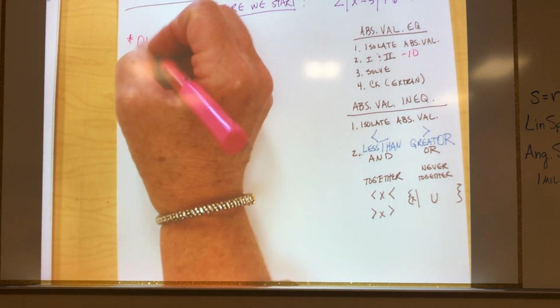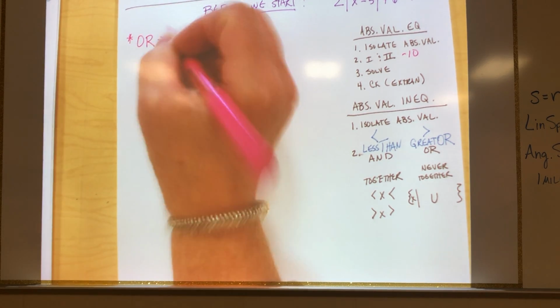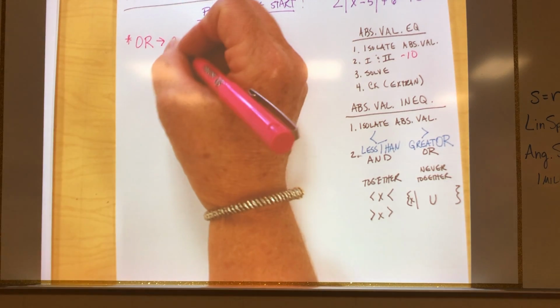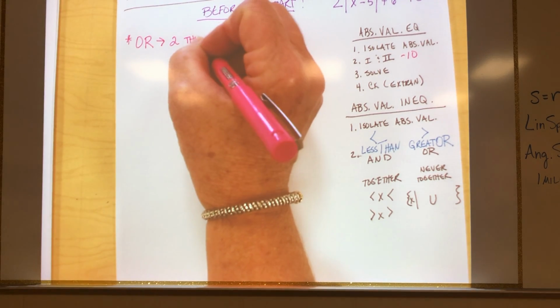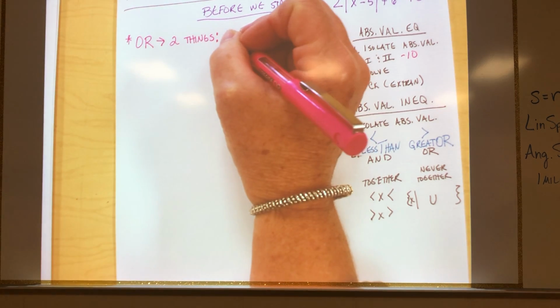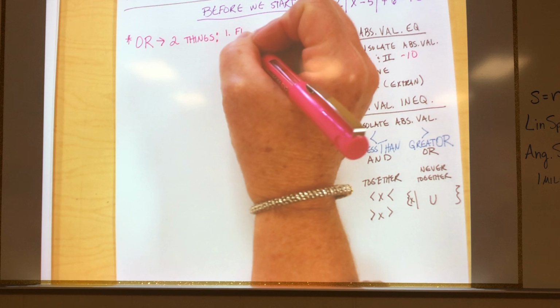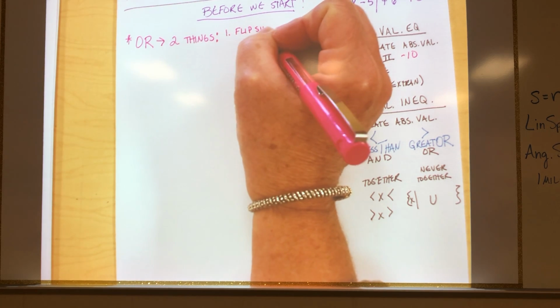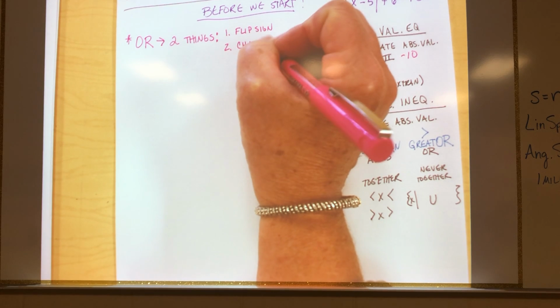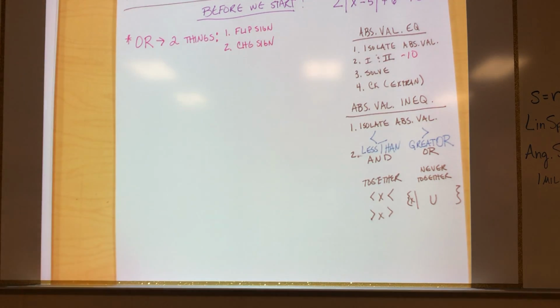All right, so here's something else I want us to know. If it is an or statement, okay? If it is an or statement, you are going to do two things. How many things are you going to do? Two. Two things. The first one, flip the sign. The second one, change the sign. Okay? Two things, guys.